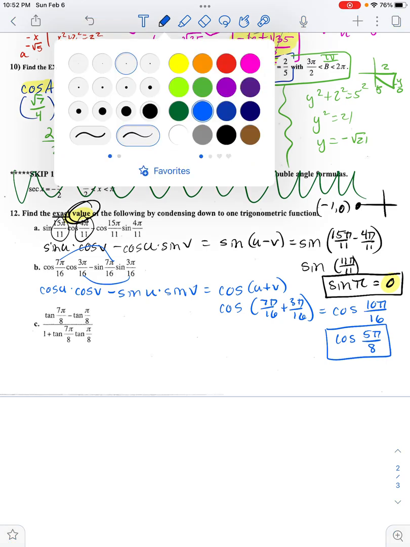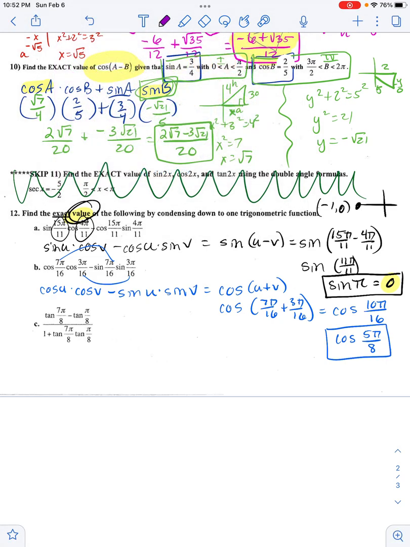So I'm done. The moment you've been waiting for, my friends, the grand finale, the very last problem. And it looks hideous, but it's not. It's the tangent of something minus the tangent of something different over 1 plus the product of their tangents. So when I look that up, that is going to come out to be the formula for the tangent of one thing minus the other.